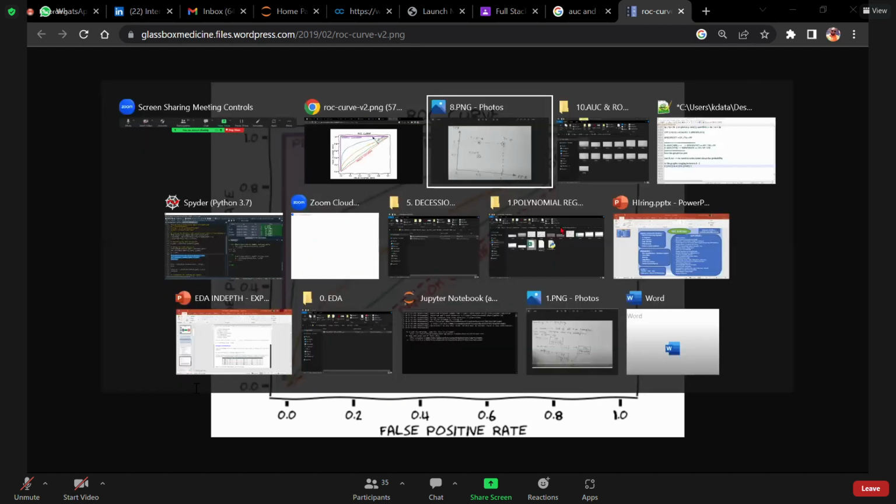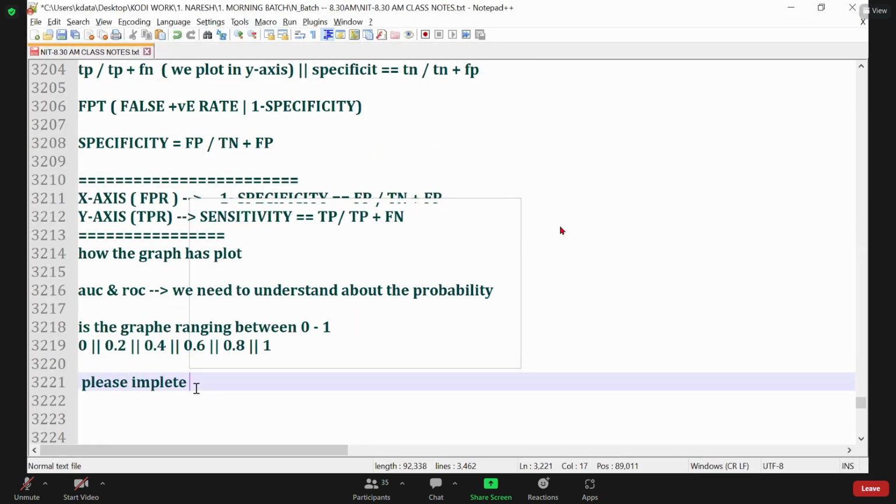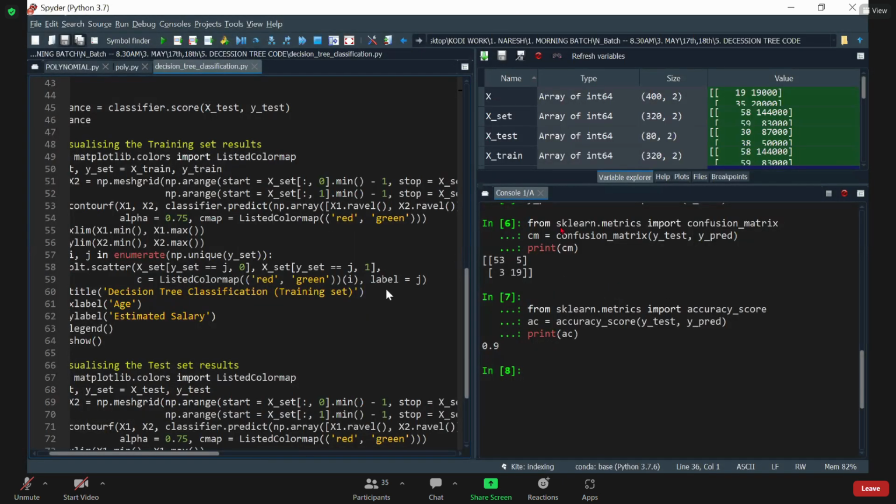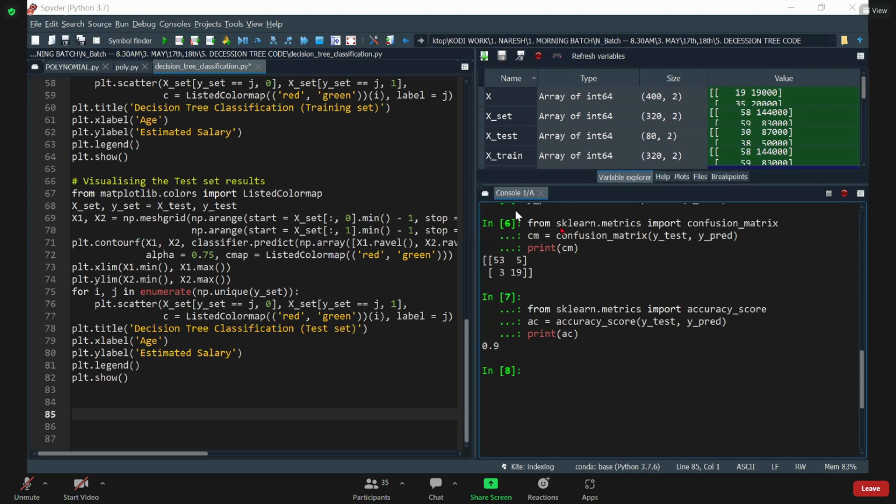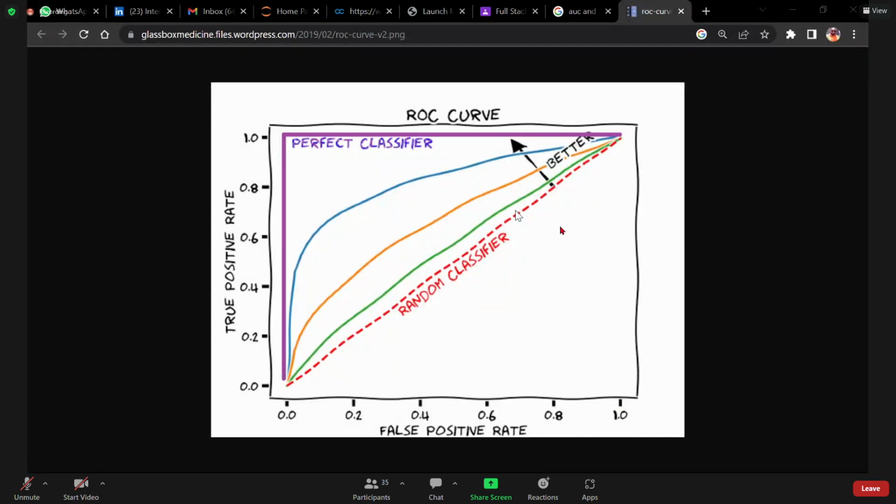Now please implement an AUC curve on the dataset in the practical. I mean, use AUC and ROC curve in the code we built. Let's plot the graph, and you will understand the accuracy from the graph, and can recognize whether it is a good model or a bad model. Did you understand, team?